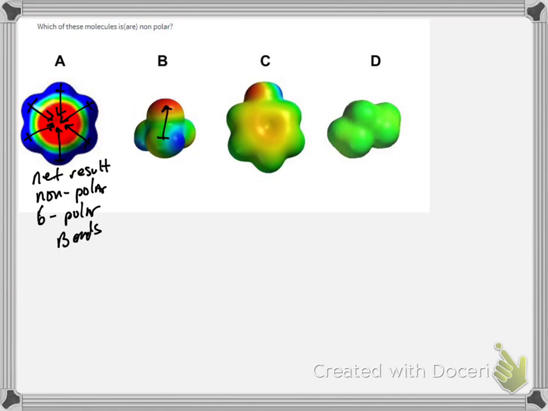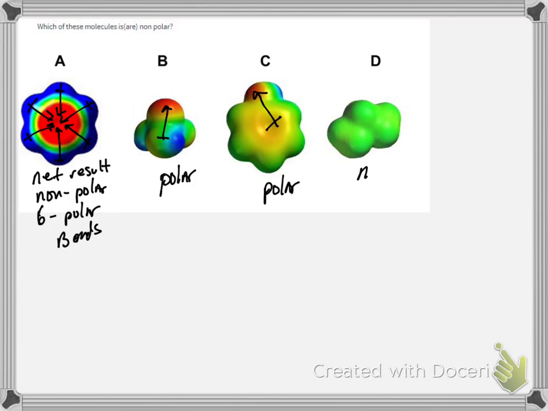When we look at B, there seems to be a clear net dipole here. You have a greenish blue at the bottom, all pointing to red on top. So we can assign B as polar. C has the same story, has this sort of reddish in it. It's not symmetric. So remember, the key to whether a surface is describing something polar or nonpolar is, is it perfectly symmetric?